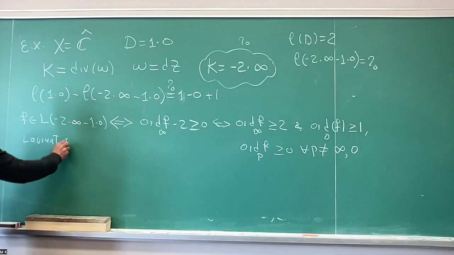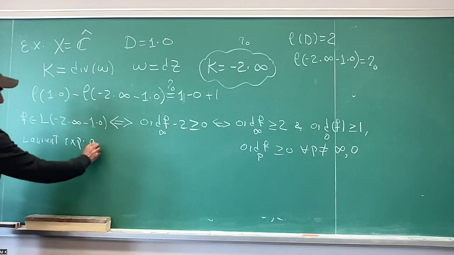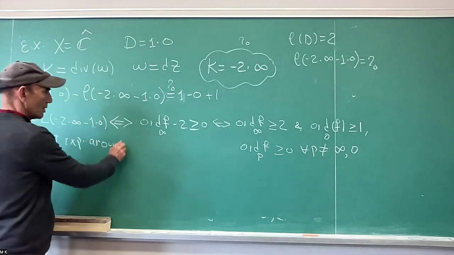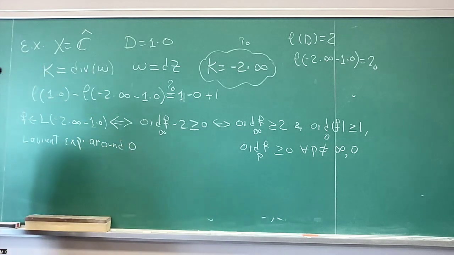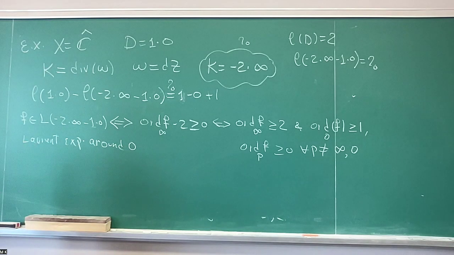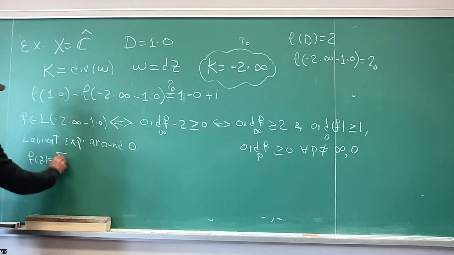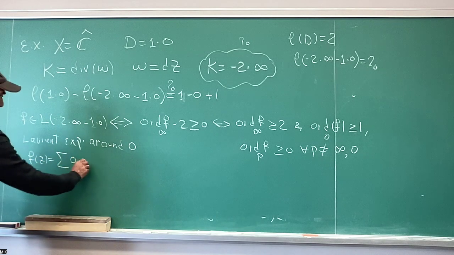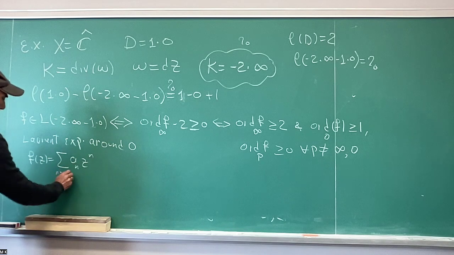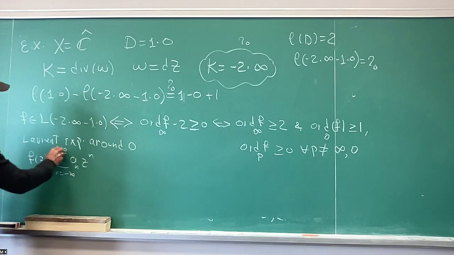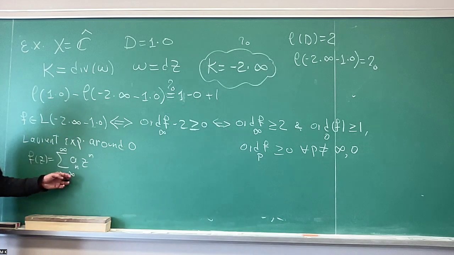So we write f of z equal to the sum of a_n z^n, from minus infinity to infinity. But we know that it doesn't really go all the way down to minus infinity. It stops at some finite, possibly negative number, right?